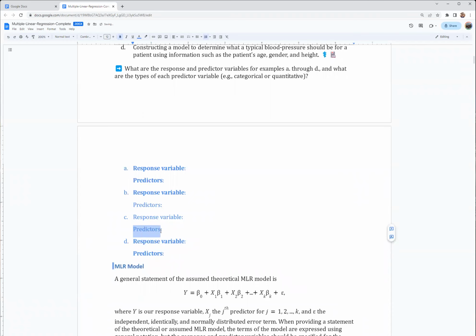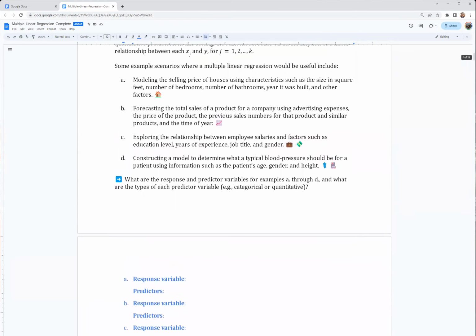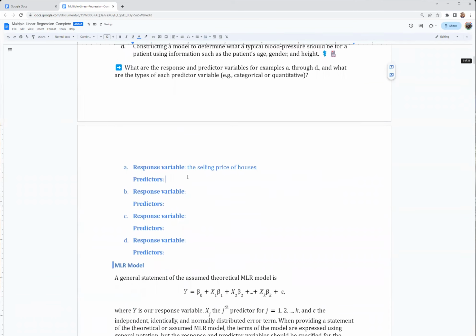So in that case, with the housing prices, our quantitative response variable is the selling price of houses, right? Okay.